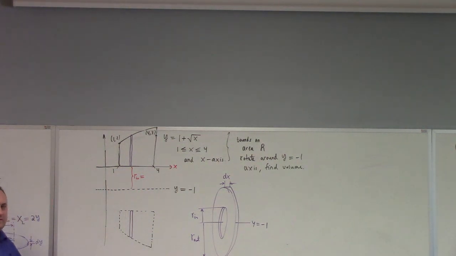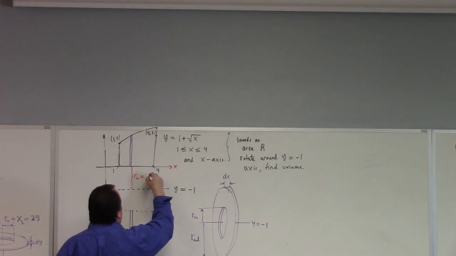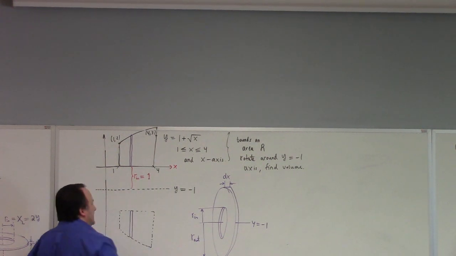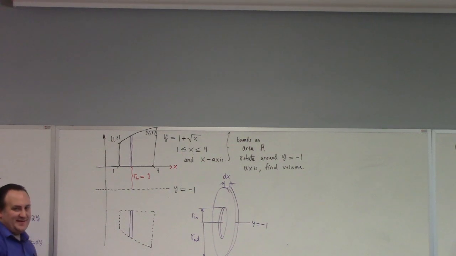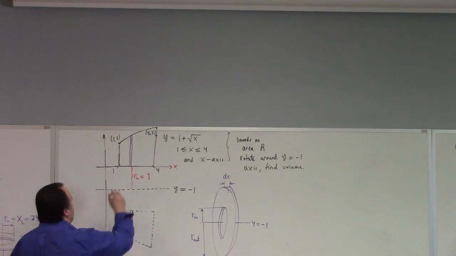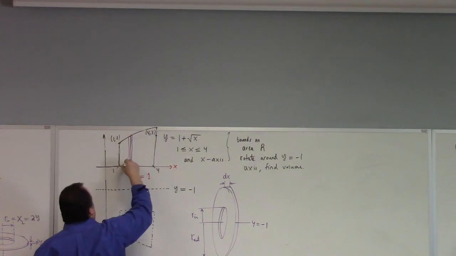So what is the distance to the inner radius? Yeah, just 1, right? Now, if you said minus 1, the good news is you're going to square it in the formula soon, so no harm, no foul. But it is 1. And then how about the outer radius? What's this distance?